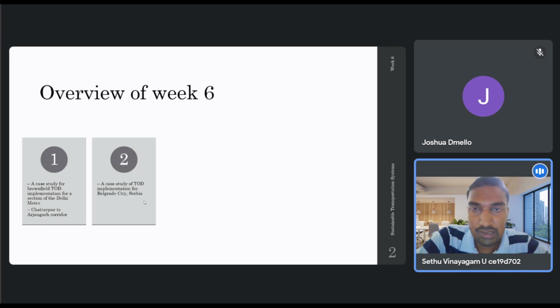In the second lecture, there was another case study of a metro system, but this was in Serbia, in Belgrade city, which is the capital city of Serbia. It was again a TOD implementation, a metro project for this particular city. As opposed to Delhi Metro, this was slightly different in how the population was spread out in this city.